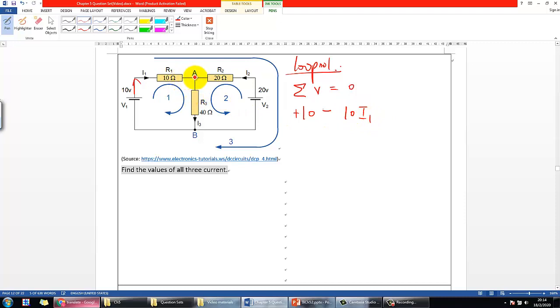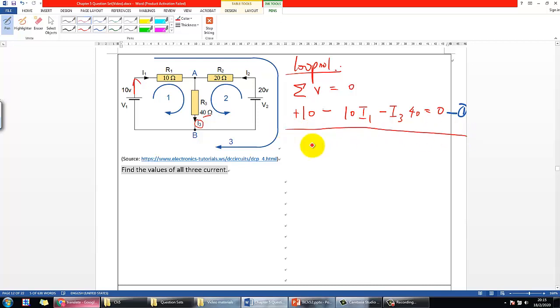Then at point A you turn going down, and that is 40 ohm, so minus 40 times I3. Be careful, this is I3. That gets you back to the battery, so that would be 0. This is equation 1.